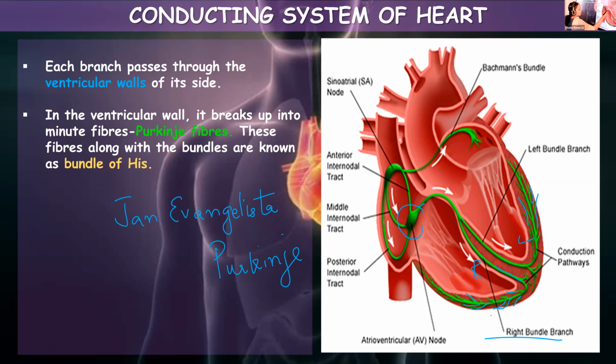They will cross the atrioventricular septum and emerge on the top of the interventricular septum, and then divide into right and left bundles, which will be further divided into smaller fibers or small branches, and those fibers you call Purkinje fibers, and the bundles we call the right and left bundle.